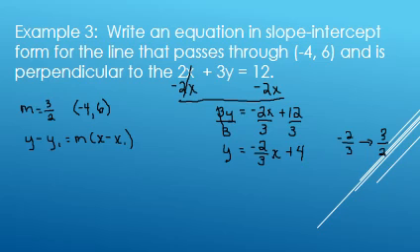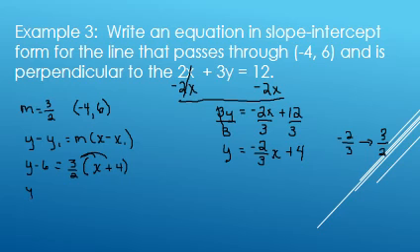Okay, so here we go. So that's going to be y minus 6 equals, and our slope here is 3/2. And we're going to multiply that with x, and then because that's a -4, we're going to write here plus 4. So now let's go ahead and distribute.